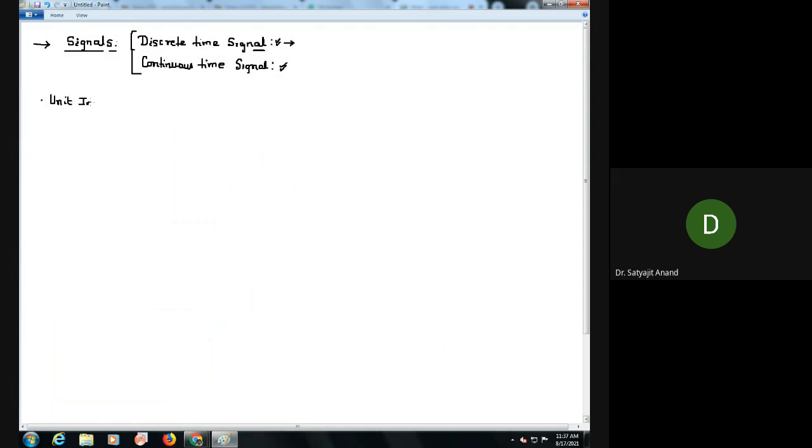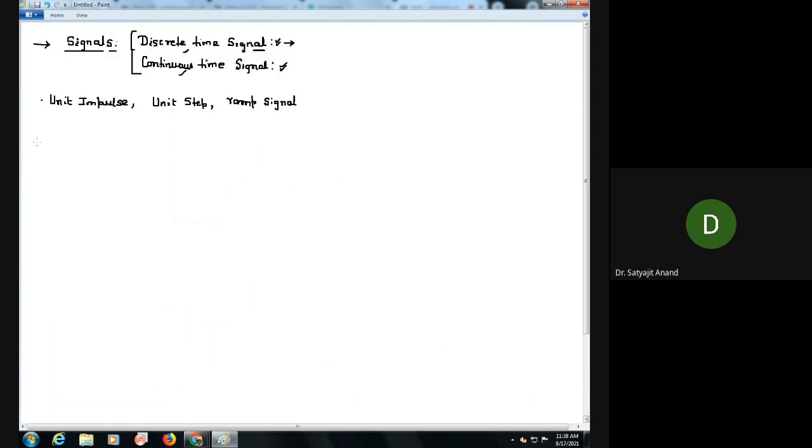This I have already discussed in the earlier class in detail for both discrete and continuous, the characteristics of these three.